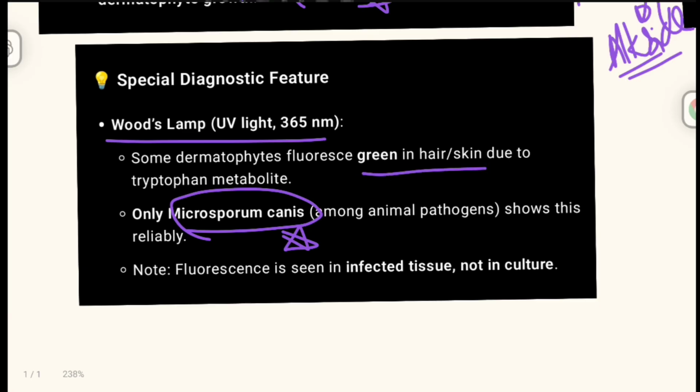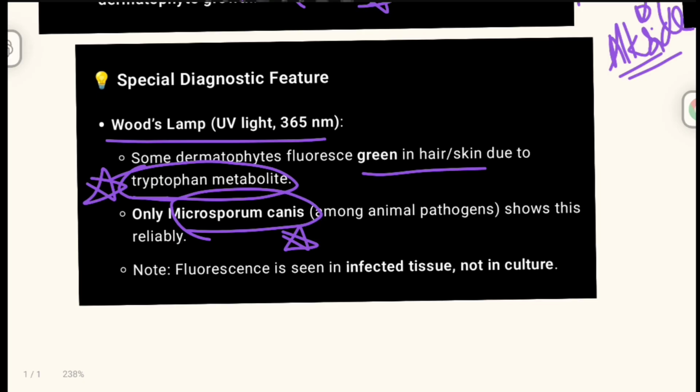This green fluorescence is because of the presence of a metabolite called tryptophan, and it is very specific for the fungus Microsporum canis. Any other dermatophyte won't show a positive result with the Wood's lamp technique.